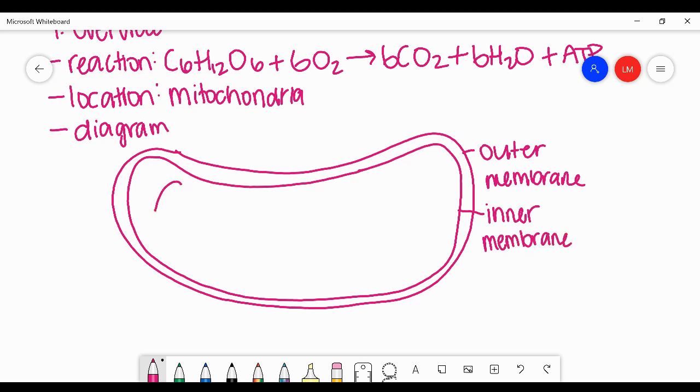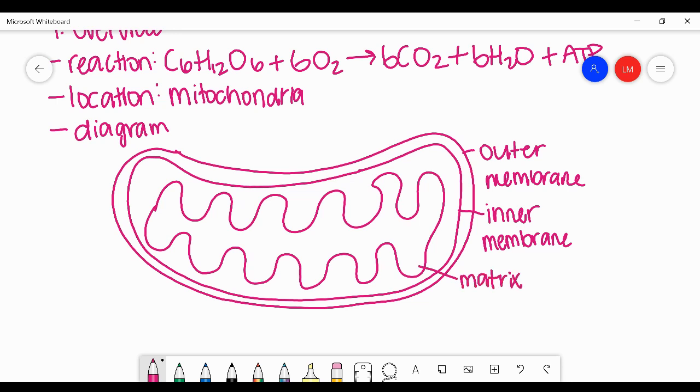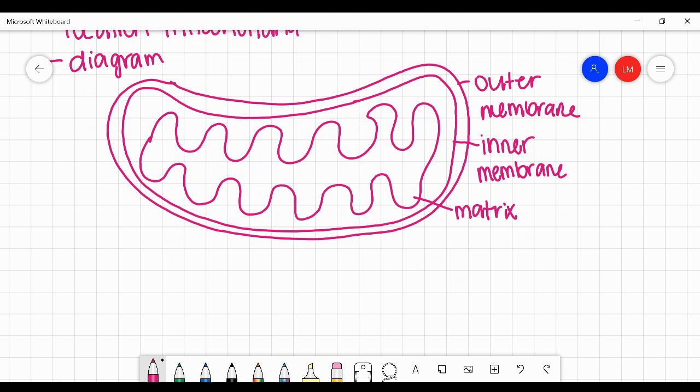And then on the inside is this squiggly thing. That's called the matrix. We could call it the matrix of the mitochondria or the mitochondrial matrix. So that is what a mitochondria looks like.